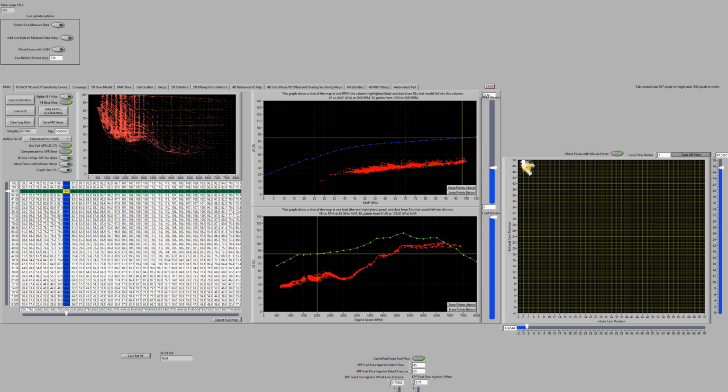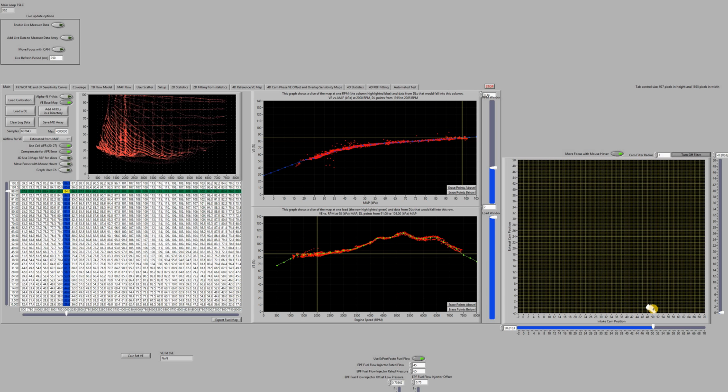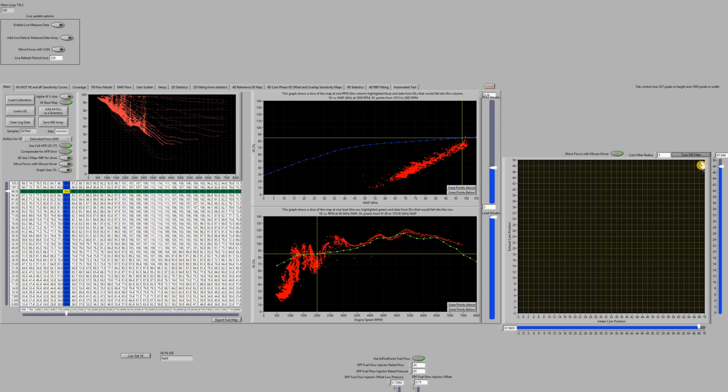In this corner, I basically did a larger mapping. Here in the 0, 0 corner, the least overlap position, I did a mapping. This is the parked position. This would be maximum overlap, and you can spot the max overlap in the coverage map because it just doesn't achieve high manifold vacuums at the lower speeds.